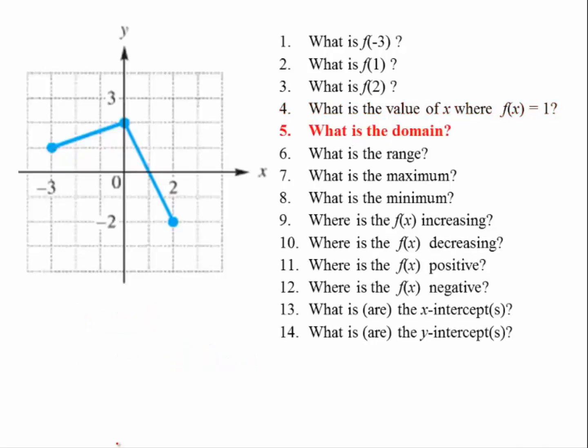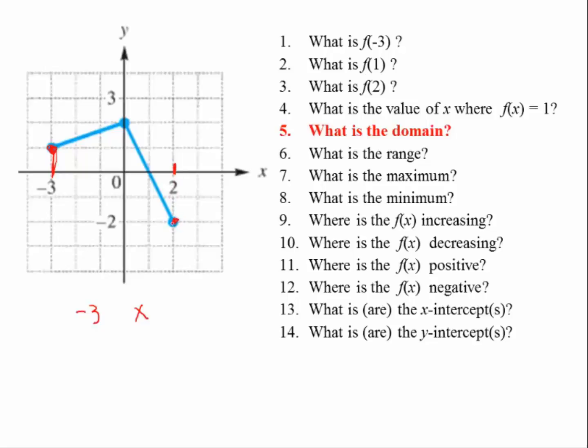What is the domain? We have an ending point here, so the domain is going to start at negative 3. Since this is a solid dot, x can equal this number, and all these x values have a spot on this graph till we get to x equals 2.